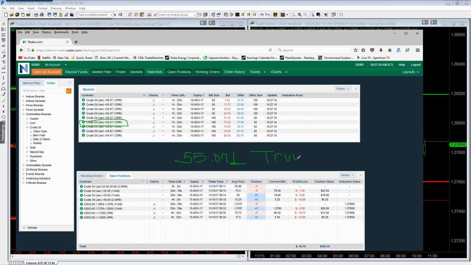And this is where you get the true-false component of binaries, okay? So if it closed, or the indicative was at 55.07, is that statement true or is it false? The strike statement says greater than, okay? Is it greater than 5507? No, it is 5507. So that makes it false.